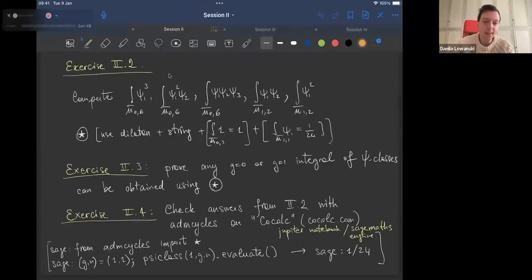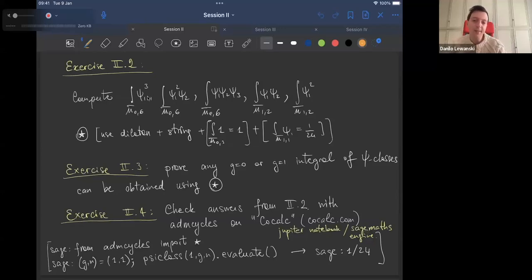As an exercise, I would recommend to try to compute these numbers. For example, the integral of psi_1 to the power 3 over M_{0,6} bar, or psi_1 squared times psi_2, or the integral of psi_1, psi_2, and psi_3, or the integral of psi_1, psi_2 over M_{1,2} bar, or this guy.